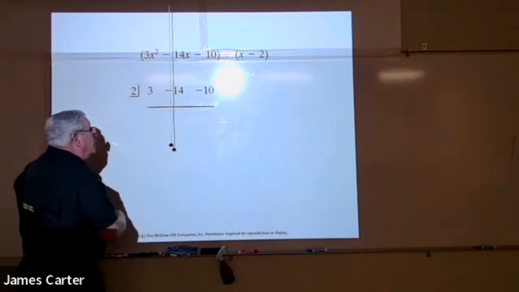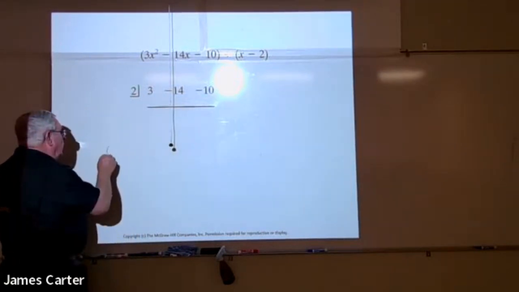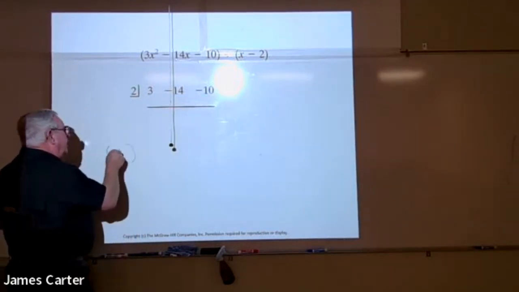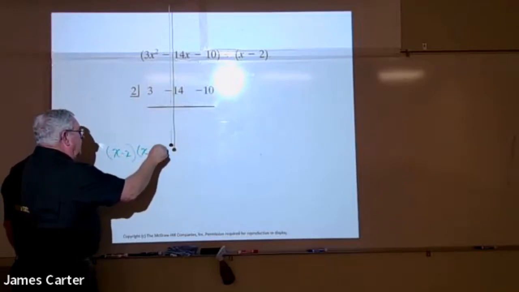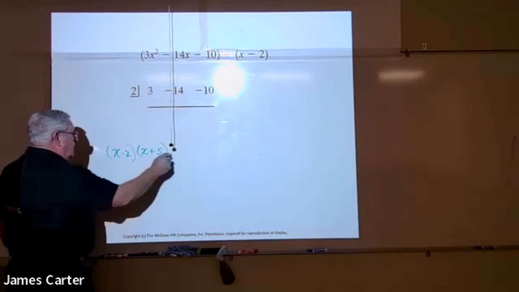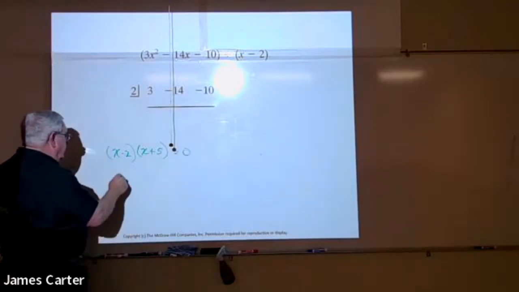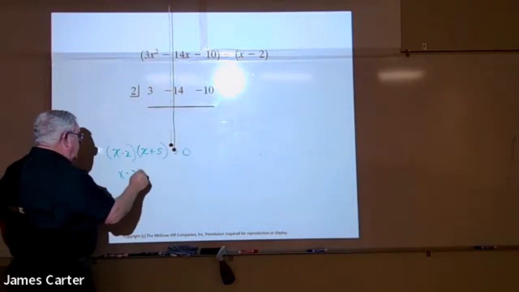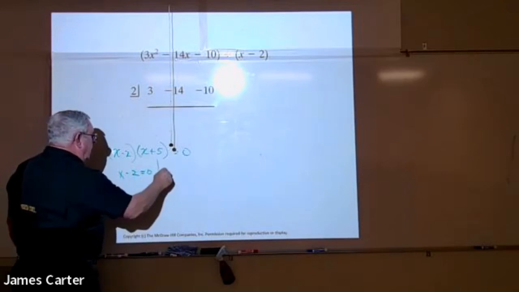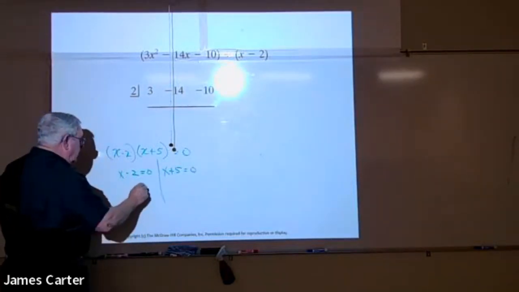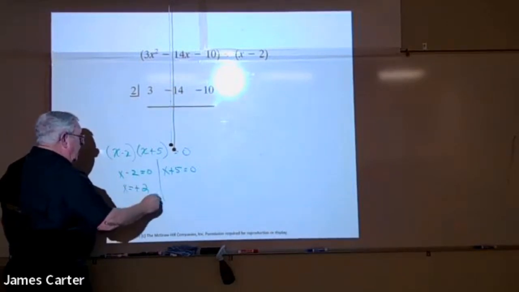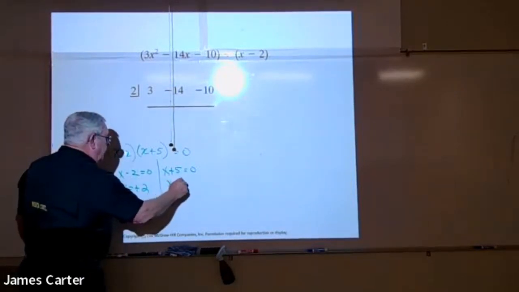Here's what about. Remember when we factored stuff, if I had x minus 2 and x plus 5 equals 0, then we would take x minus 2 equals 0, and x plus 5 equals 0, and get positive 2, and get negative 5.